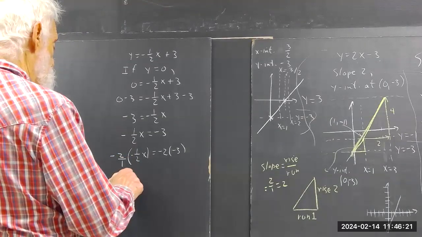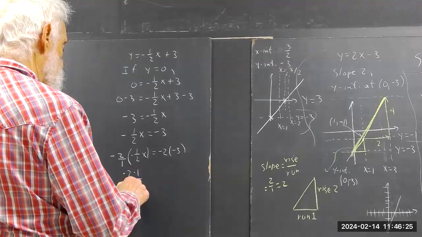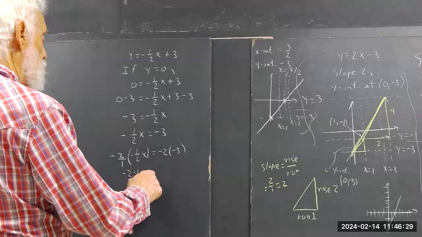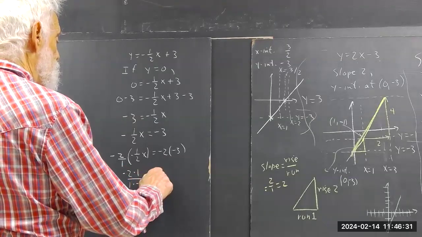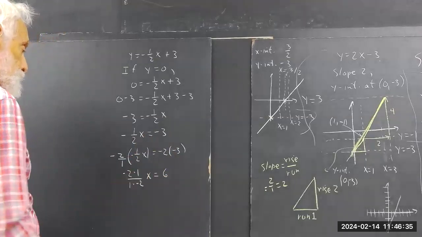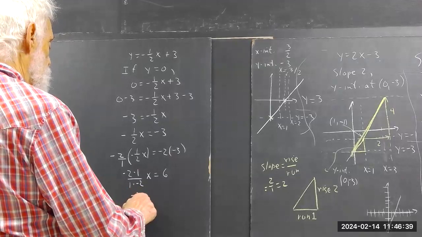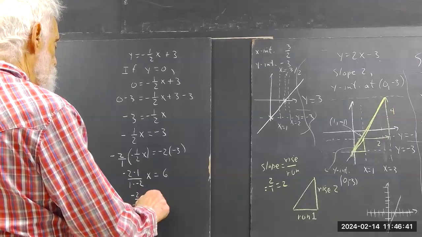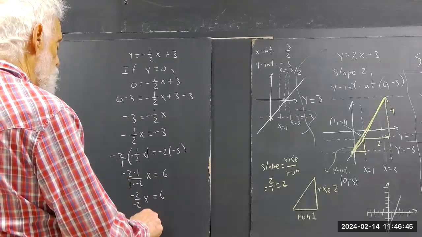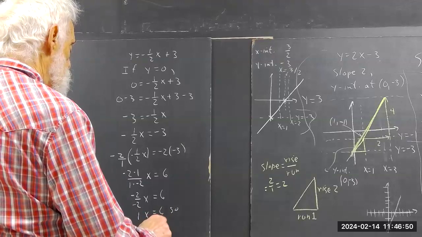So you get -2 times 1 over 1 times -2 times x equals -2 times 3. Everybody's good there. That's 6, okay? Which means that -2 over -2 x equals 6. And -2 over -2 is just 1x equals 6. So x equals 6.